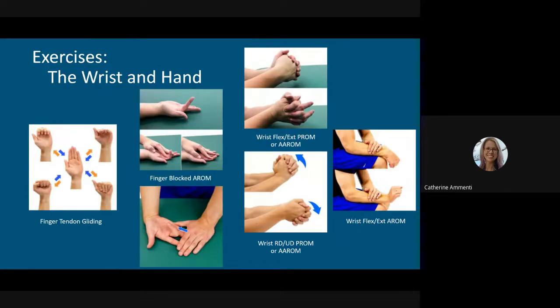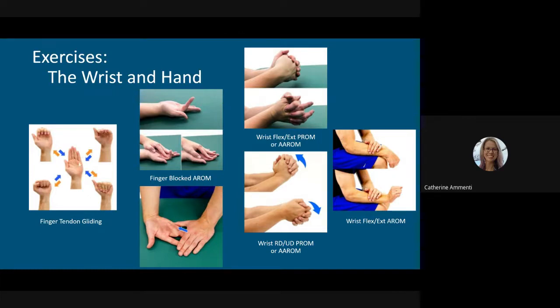Things to consider for the wrist and hand. Remember, you've got all those flexor tendons going through the carpal tunnel with the median nerve. So if you have any median nerve entrapment issues, oftentimes we will give tendon gliding as an exercise.